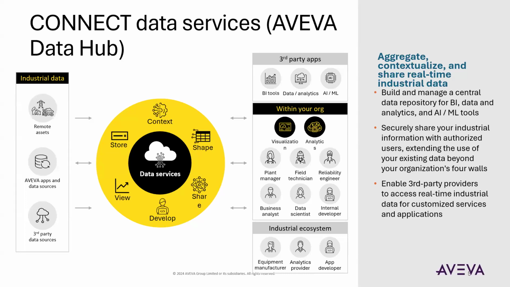You can also shape the data and format it for external consumption. This shaping feature is particularly useful for external tools like BI tools and data science applications, as shown at the top right of the diagram there. With this feature, you can structure your data so that it's automatically digestible by those third-party platforms without needing any advanced data science techniques. Connect Data Services does the work for you, basically.